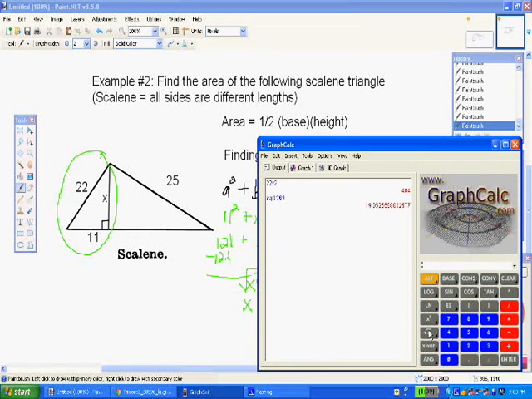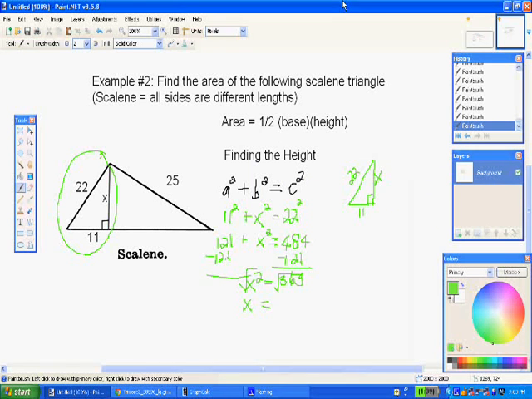The square root of 363 gives me 19.05. I'm going to round it to 19. And that is my height. So I'm going to go ahead and plug that in. Write it on my triangle right here.